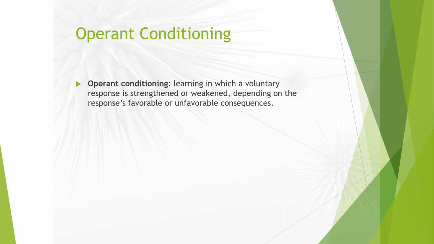So whatever response you make, you're either going to be rewarded or you're going to be punished. If you're rewarded, you do that response again. If you're punished, you don't do the response again. That's basically what operant conditioning has to deal with. That's very simply put what operant conditioning is.